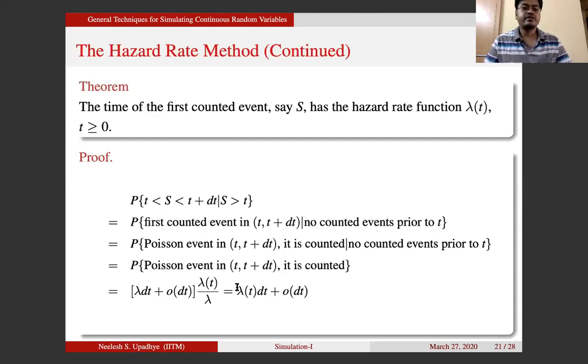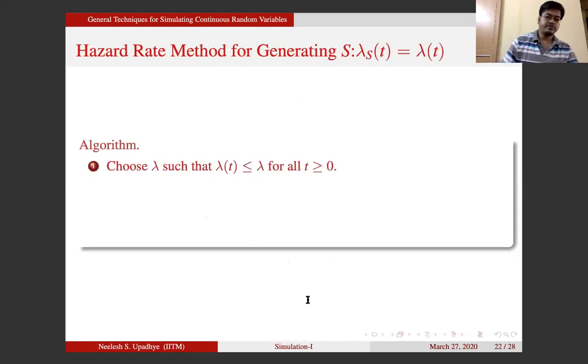Therefore, I have proved that the random variable generated by this algorithm actually has hazard rate function lambda t. Now, this is important for studying lifetime distributions.